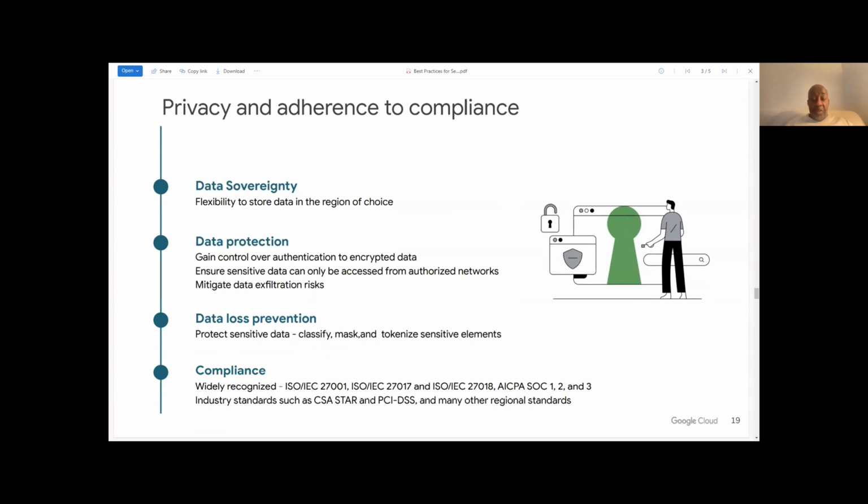Data protection in terms of controls for access, authentication, and API key management, things like that. Data loss prevention, essentially PII data masking or translation of, say, social security numbers into XXX so that you're not sharing certain information, as well as we talked about compliance. Next slide.